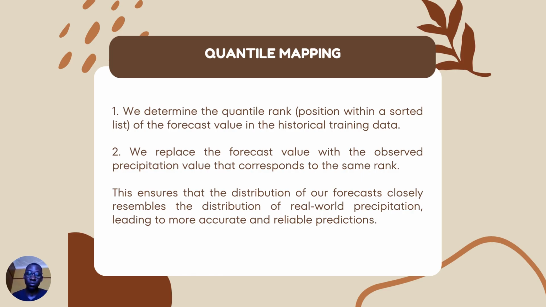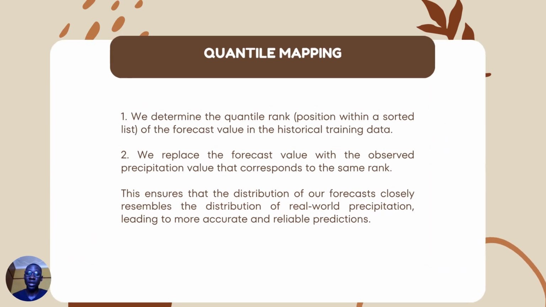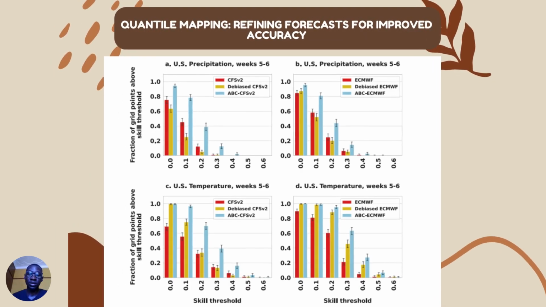They replace the forecast value with the observed precipitation value that corresponds to the same rank. This ensures that the distribution of the forecast closely resembles the distribution of the real world, leading to more accurate and reliable prediction.